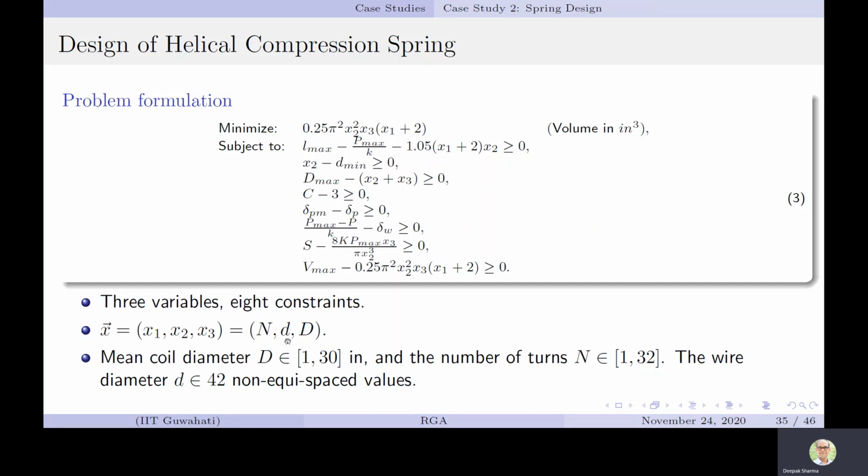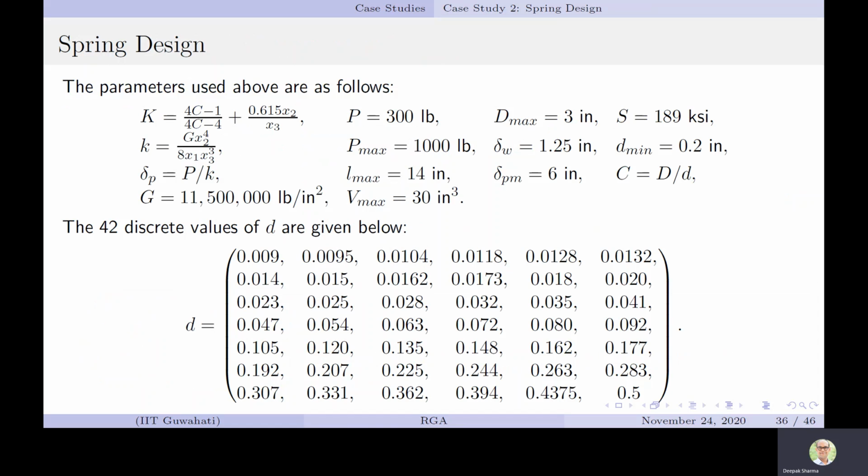The diameter, small d, is a discrete value with non-equispaced values, and capital D is the mean coil diameter, a real number. So it's a multi-variable problem which is difficult to solve.